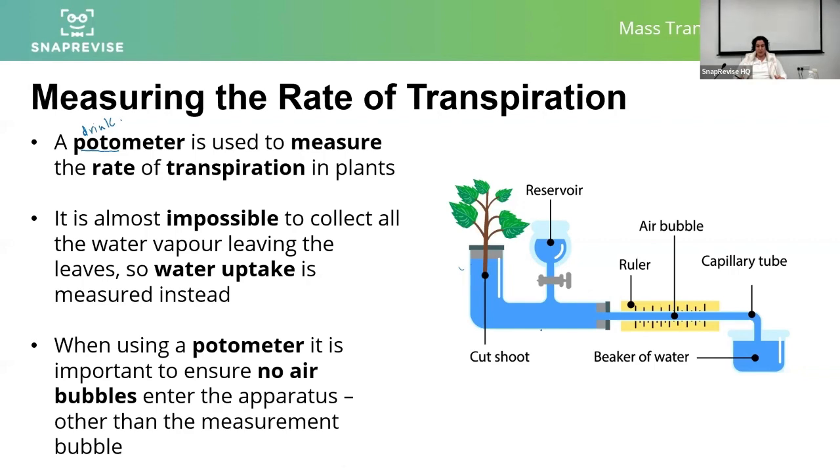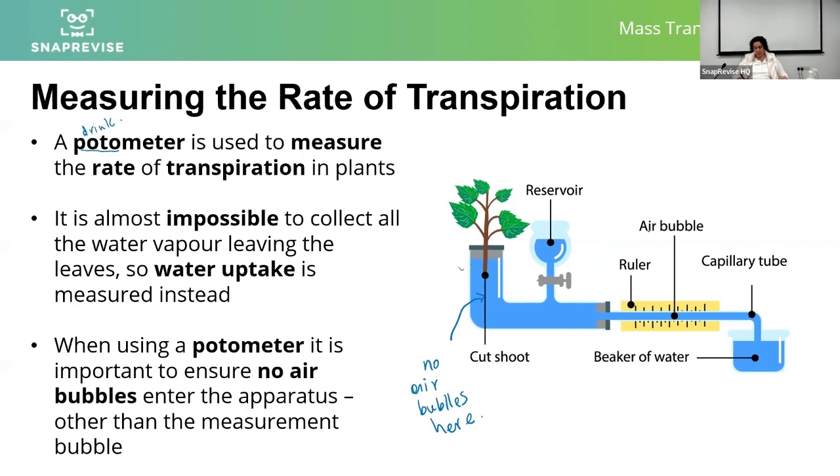It's important that we have no air bubbles here in any part. Sometimes you put a little bit of Vaseline wherever you've got connecting bits of tubes, again, to avoid any air bubbles getting in there.